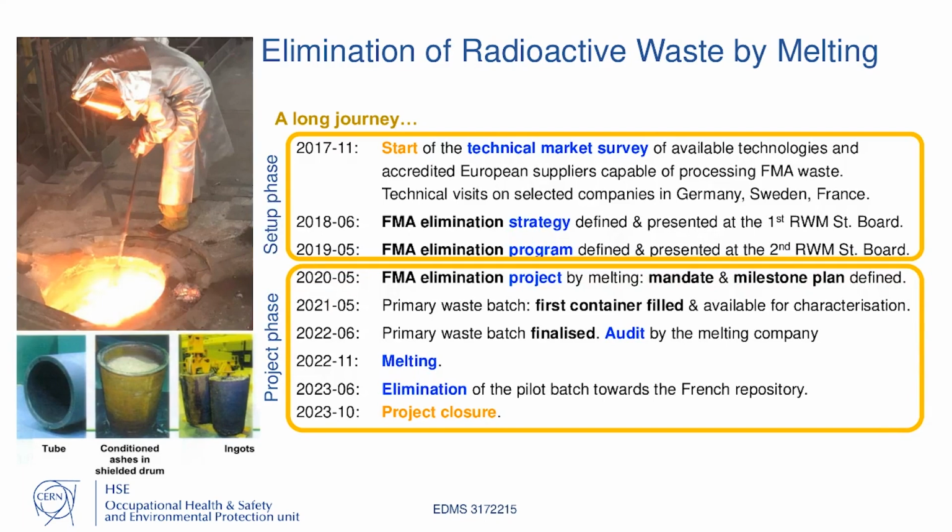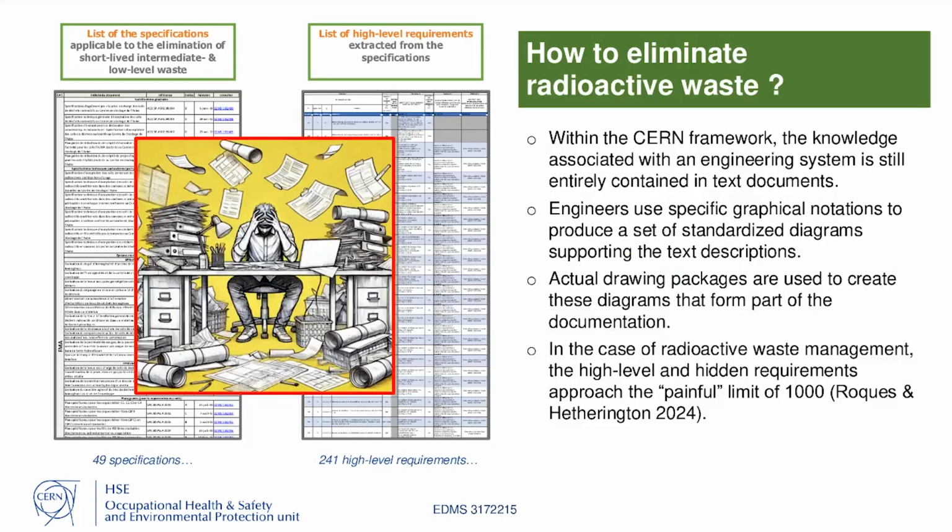But first of all, how can we set up such a process? Well, let's say that's me with all the specifications and requirements coming from the French authorities. In the end, as I said in my introduction, we have to comply with the most restrictive set of requirements, which in our case meant 49 specifications, and then we can extract from these specifications 241 high-level requirements.